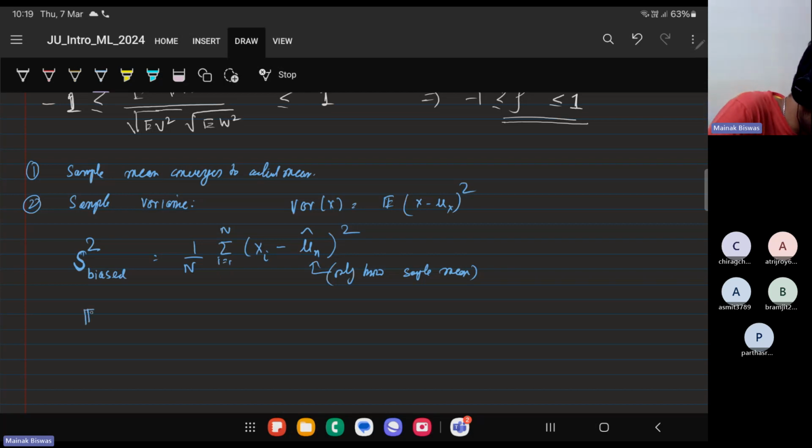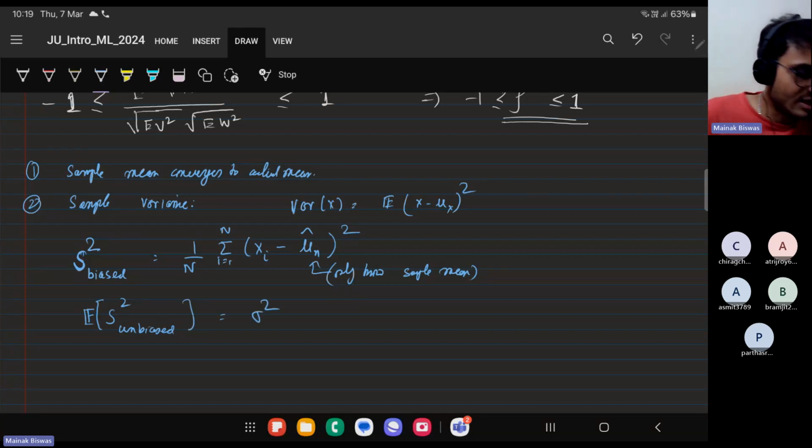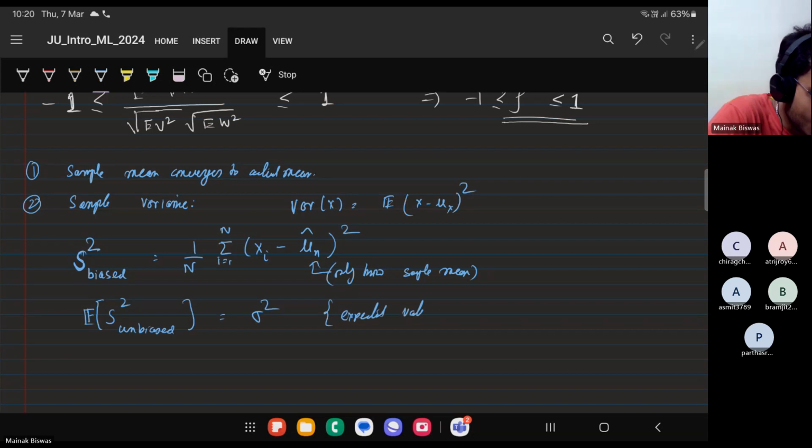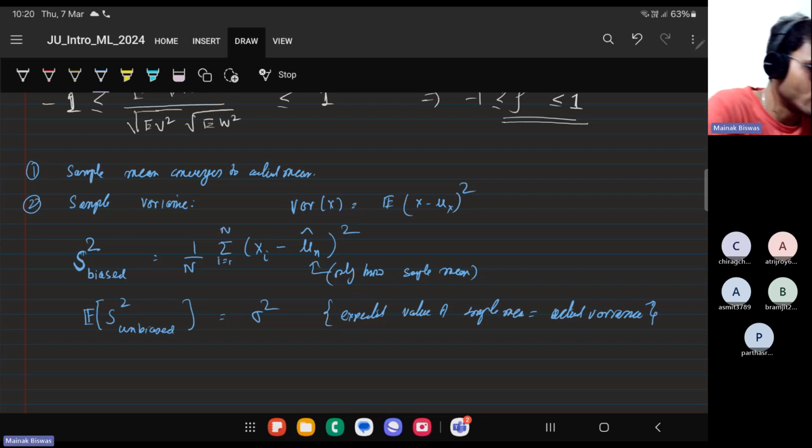If it is unbiased, the expected value must be equal to the actual variance of the distribution of x1, x2, ..., xn.